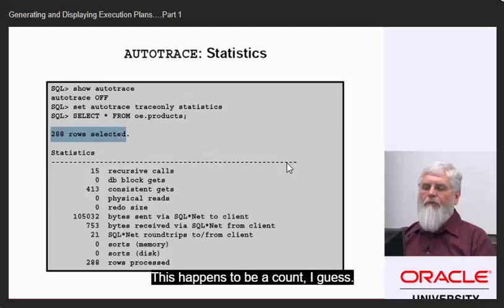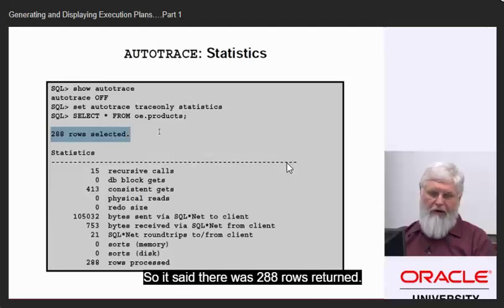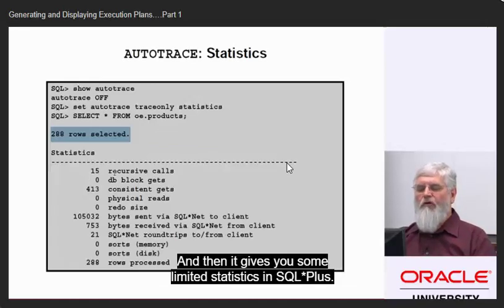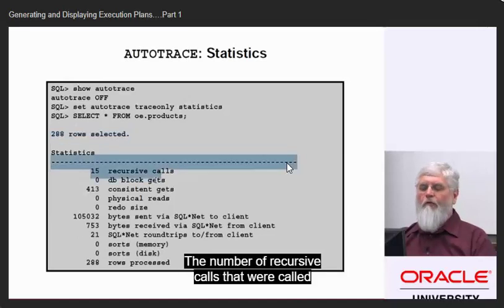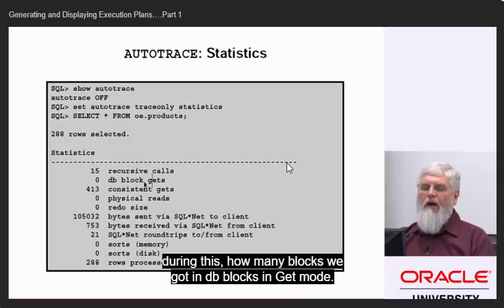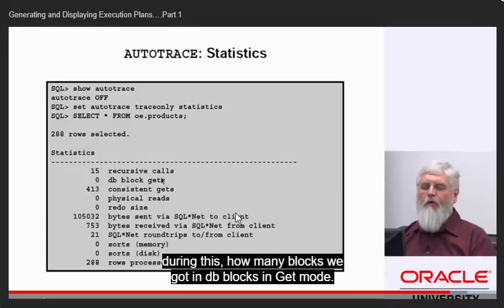The number of recursive calls that were made during this, and how many blocks we got in DB block gets, which is current mode. Consistent gets is query mode. These are logical reads. Then we have physical reads.